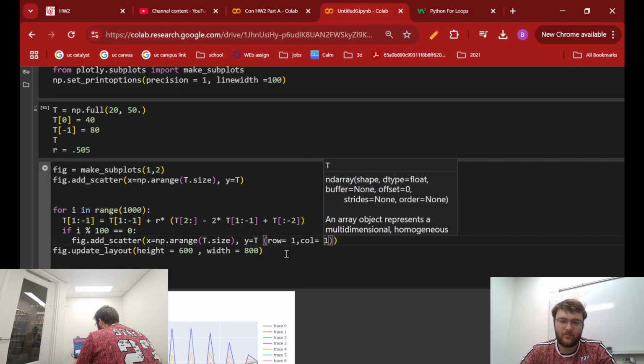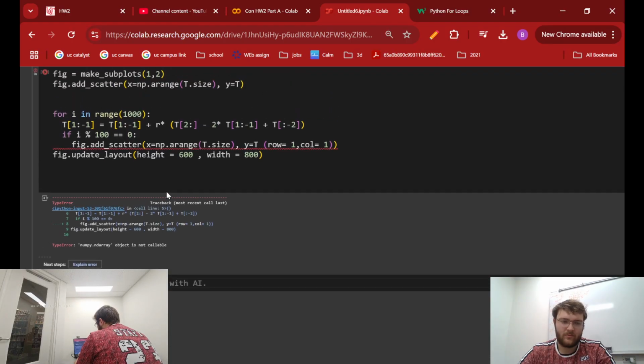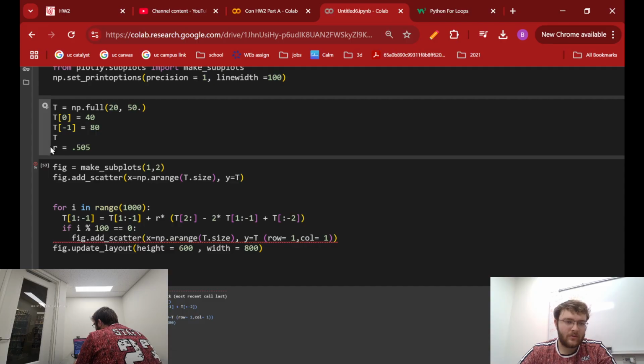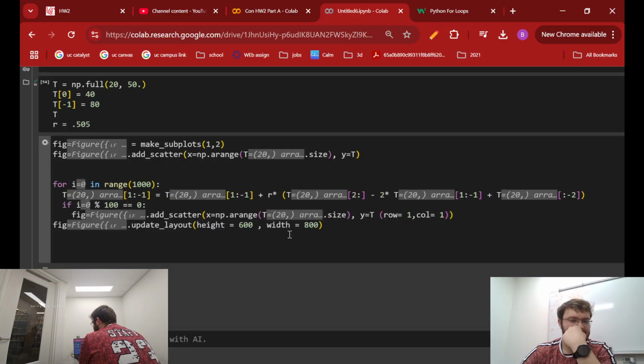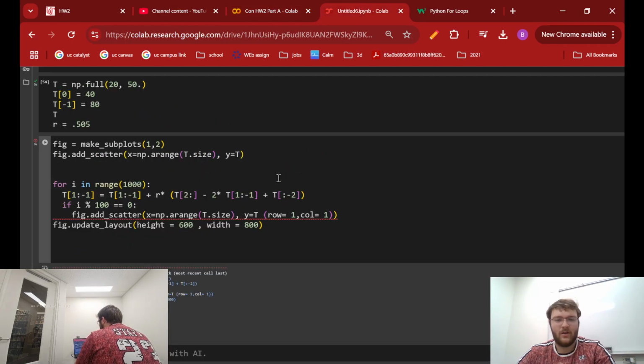Equals column equals... oh, I put them in an array.